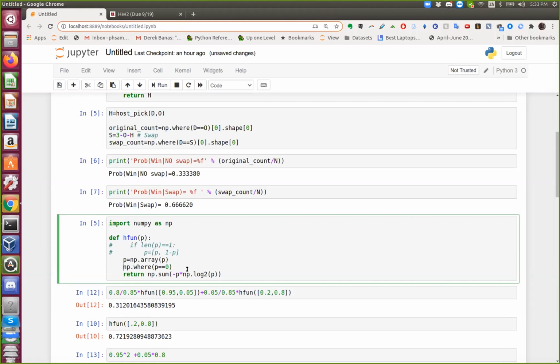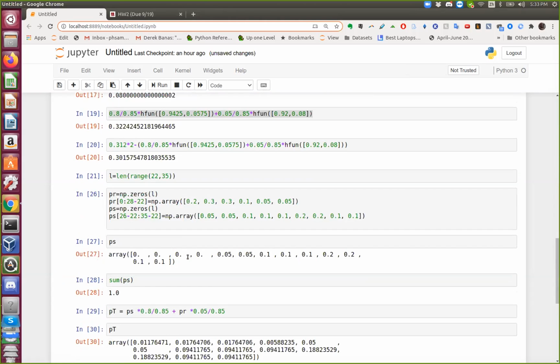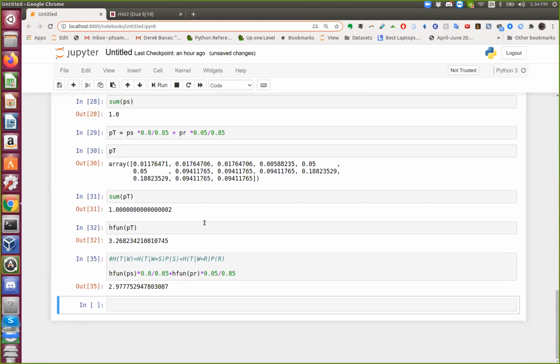Let's see. np.delete P, P where P equal to... hopefully this will work. Yeah, that works. So it's like 0.97. That's for the second question here.